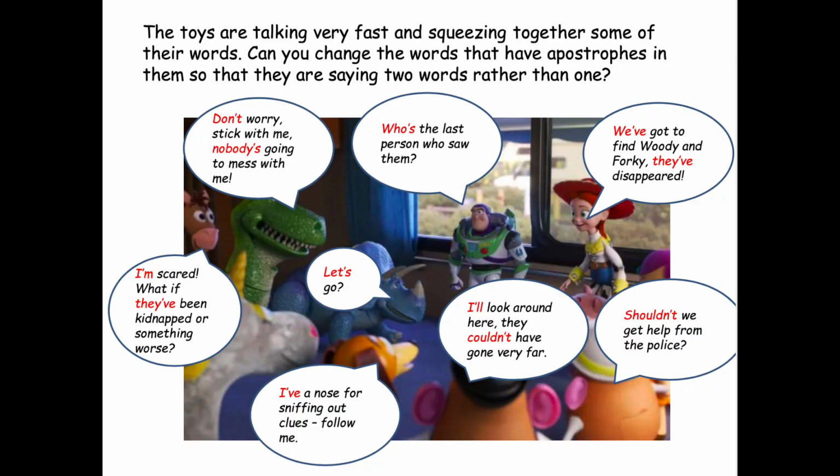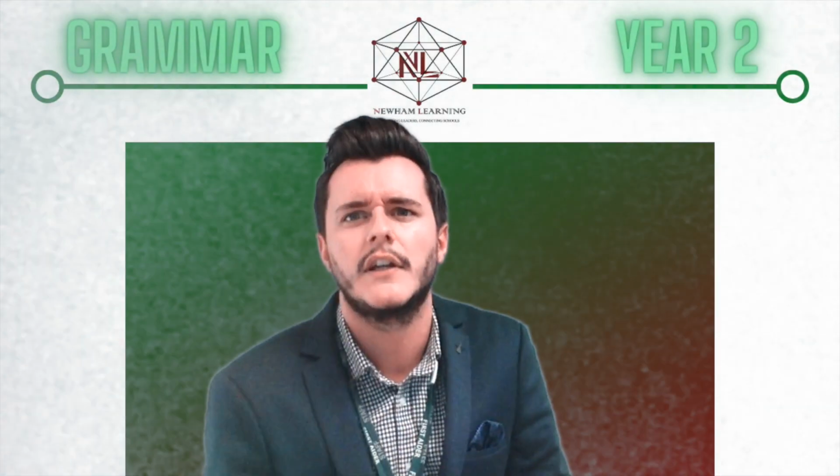Right, in your task today, the toys are having a very fast conversation together. Some of their words are getting squeezed together. Can you find the contractions? That's the ones where we have apostrophes in them. And change them into two words rather than one word.